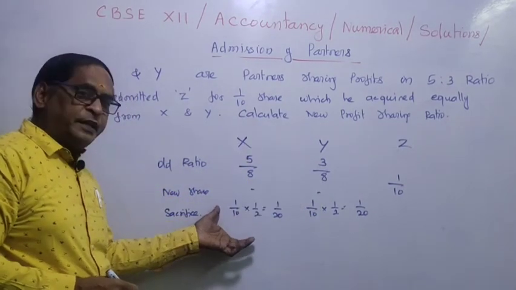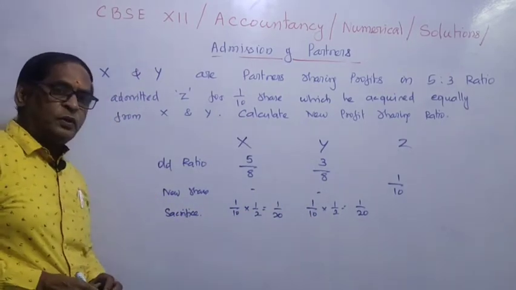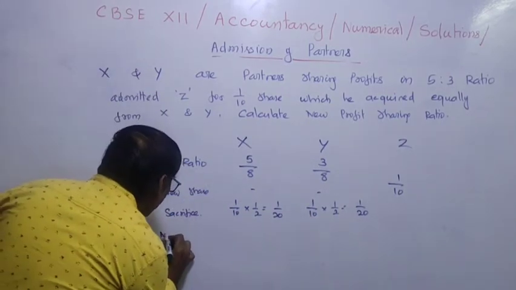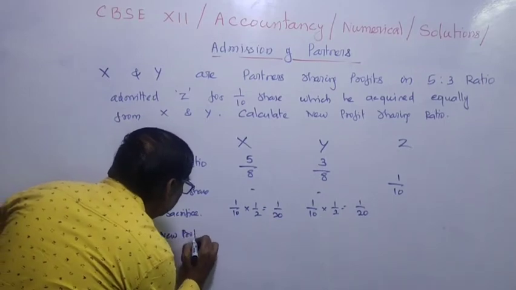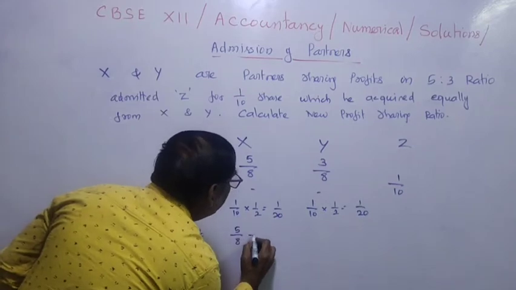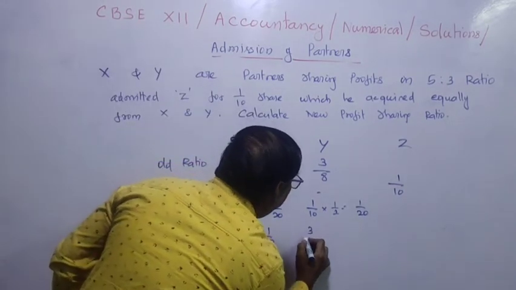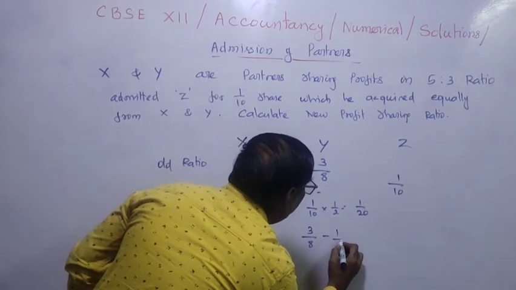So if we deduct the sacrifice, we can find out the new profit sharing ratio. So the new profit sharing ratio is 5 by 8 minus 1 by 20 and then 3 by 8 minus 1 by 20.